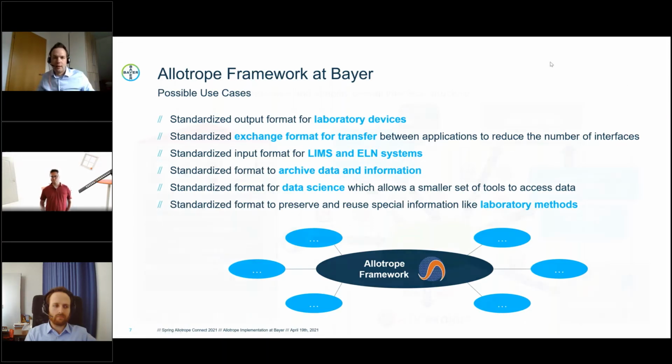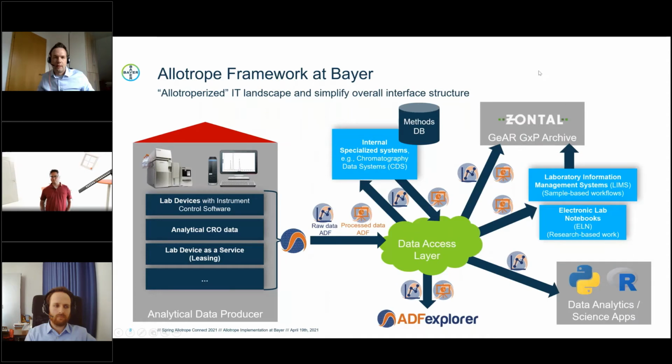And the last slide shows a bit how to allotroperize the IT landscape and make use of it on a broad scale. This is where we think the right direction is. We again have on the left-hand side our data producers, but they can now speak the Allotrope format. They produce the raw data, sometimes also the process data, and all this information enters a data access layer.